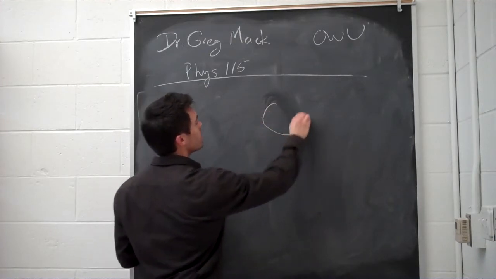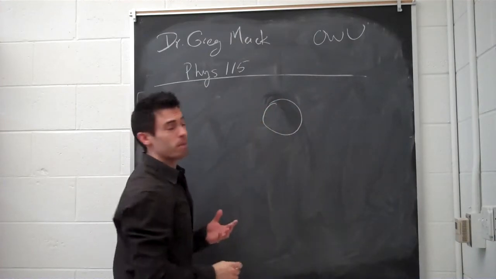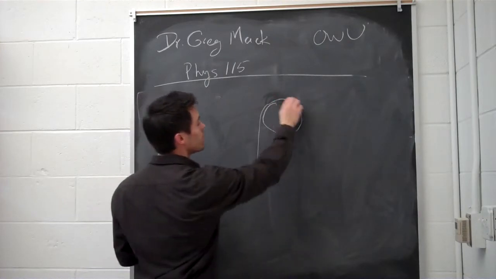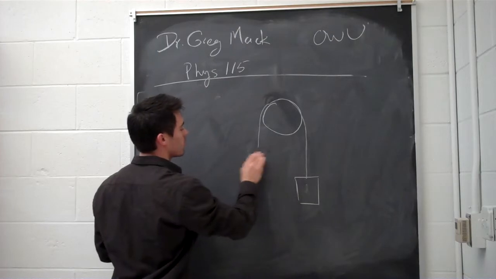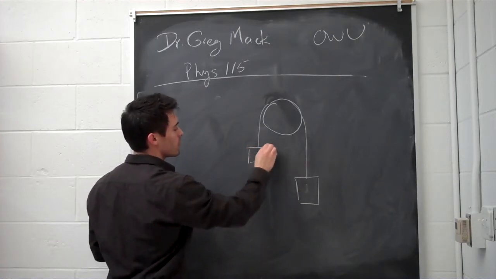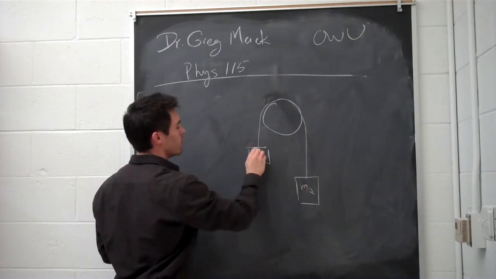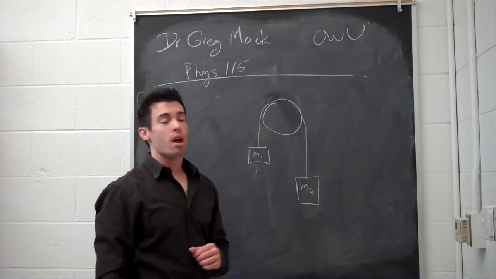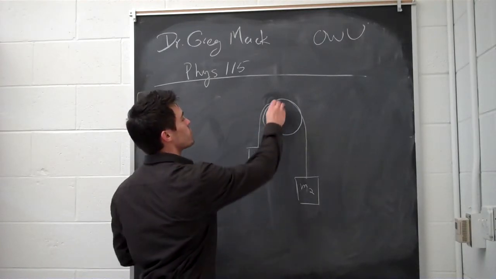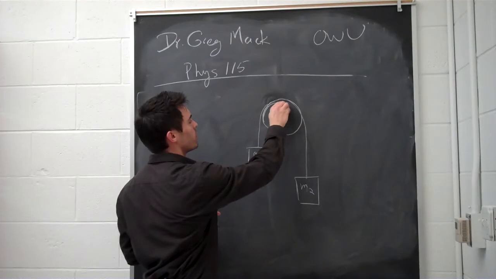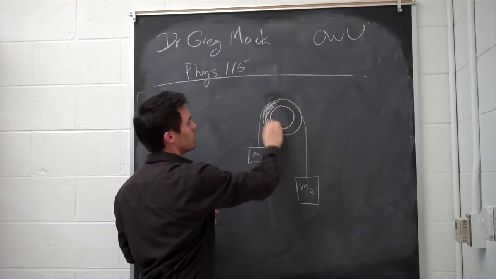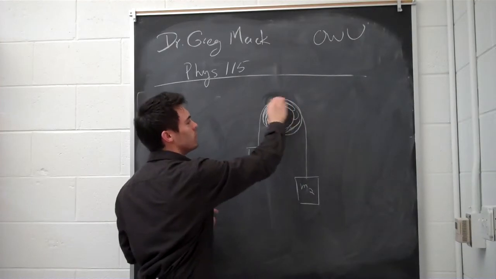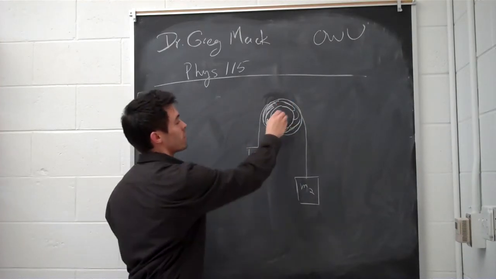So if we have, say, a pulley, and we have two blocks on our pulley. Say we have M2 and M1, okay? And we have our pulley, which, let's say, is a hollow cylinder, which is allowed to turn on some central axis right here.